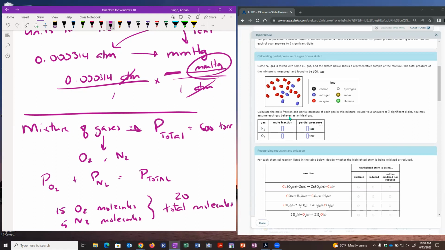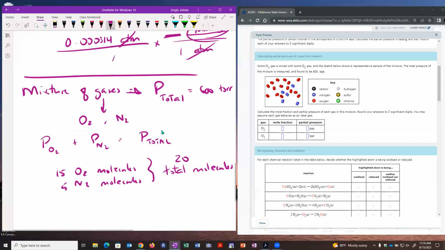Okay, and so these are individual molecules. We can also use moles interchangeably because the ratio is going to be the same. So we can say we have 15 moles of O2 and 5 moles of N2, or 15 molecules of O2, 5 molecules of N2.